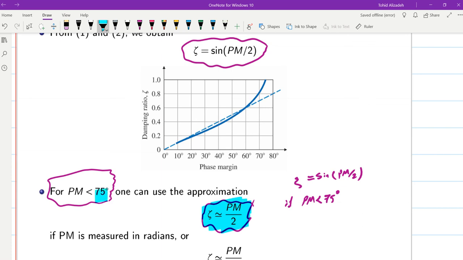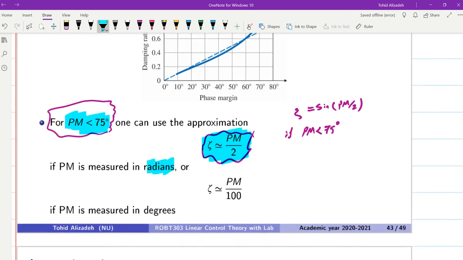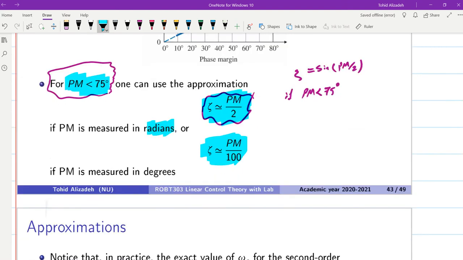So for values of phase margin smaller than 75 degrees, we will use the approximation of zeta equal to phase margin over 2, if the phase margin is measured in radians, okay? If we measure phase margin in degrees, we will use zeta equal to phase margin over 100.